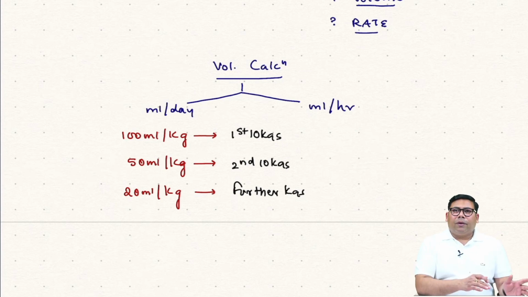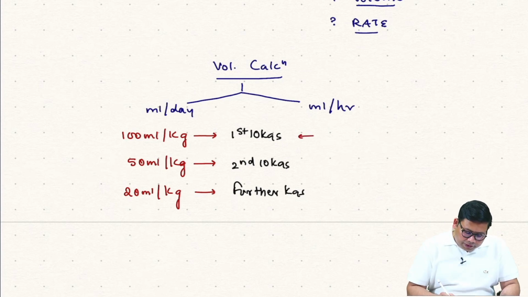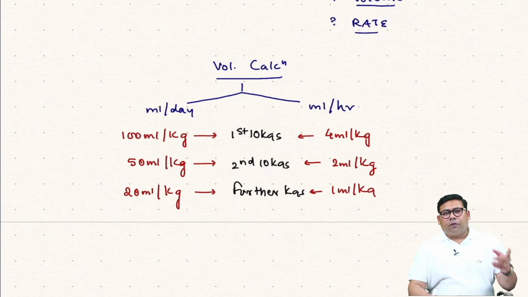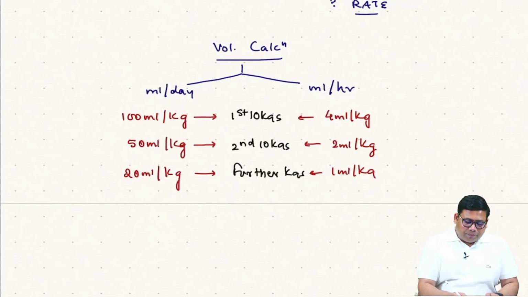Then when you talk about ml per hour, it is something like 4 ml per kg for first 10 kgs, then second 10 kgs we have 2 ml per kg, and then we have 1 ml per kg for the further kg. So 150 20 for ml per day and 4 to 1 in ml per hour. So it's a very simple calculation.